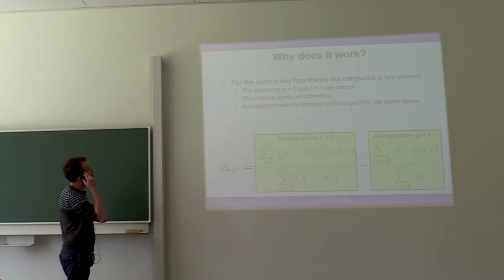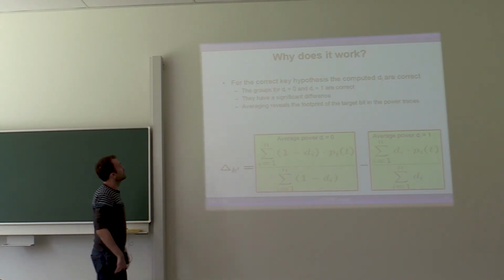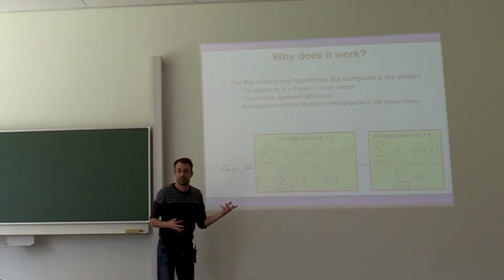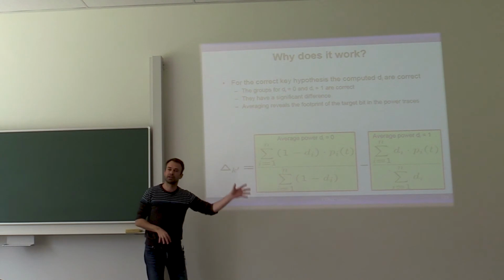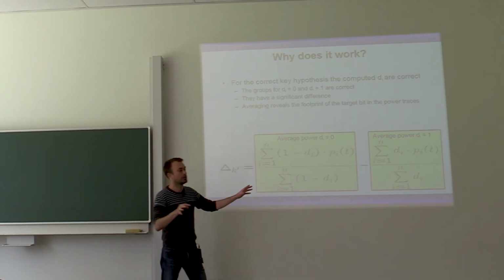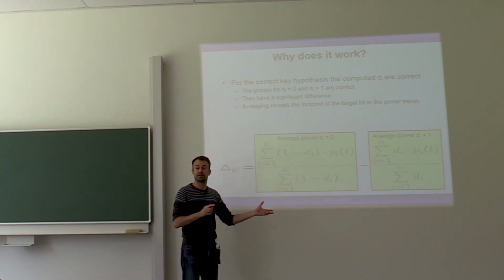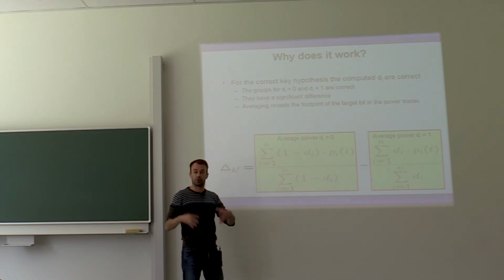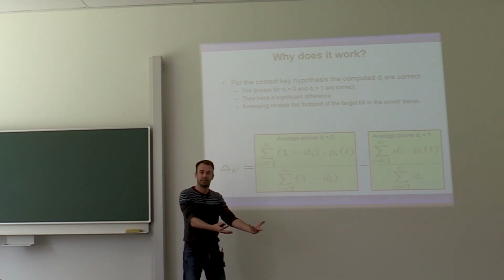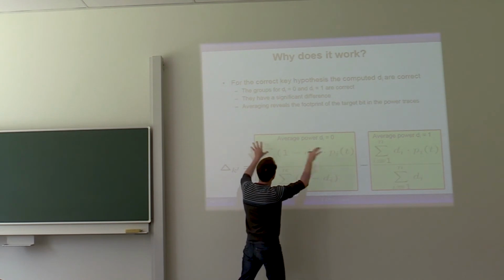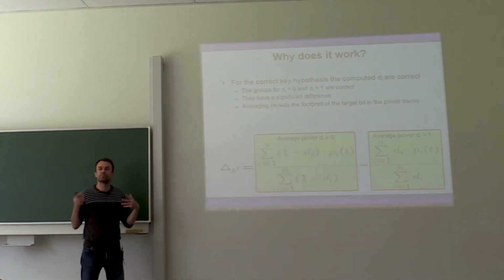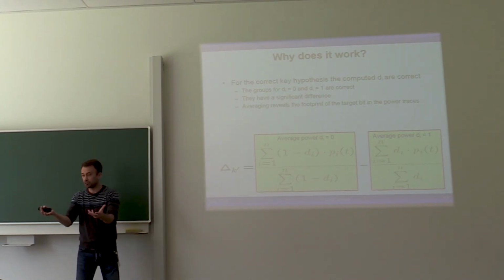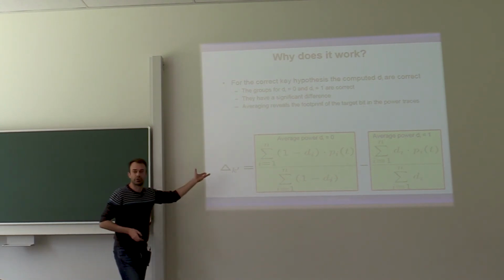Okay, and so it works. Why does it work? For the correct guess, our grouping actually makes sense. We're putting the right traces in the right groups. And by assumption, we said that the value of each bit contributes to the power consumption. So if we make this split properly and correctly, then the two groups must have a significant difference by assumption, and this kind of computation will reveal that.